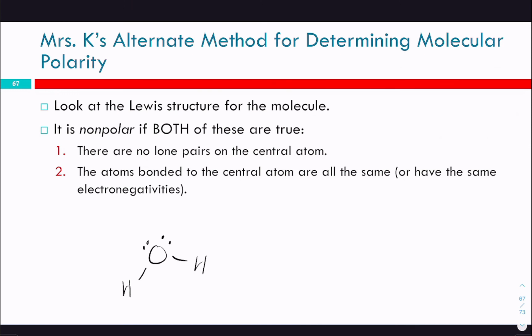Our molecule will be nonpolar if both of these things are true: there are no lone pairs on the central atom, and the atoms bonded to the central atom are all the same. So is water polar or nonpolar? Well, the first one here is that there are no lone pairs, and we have two lone pairs. So water's polar.